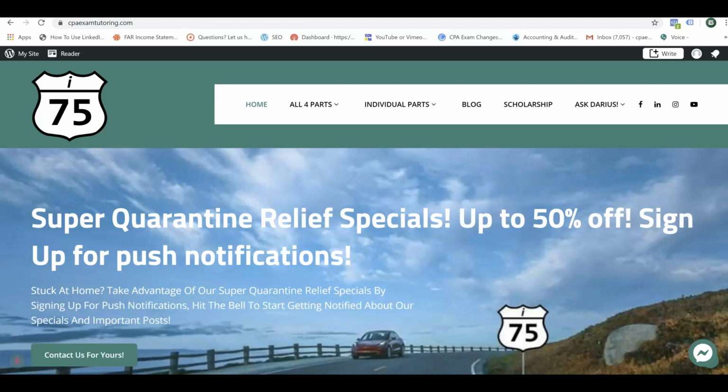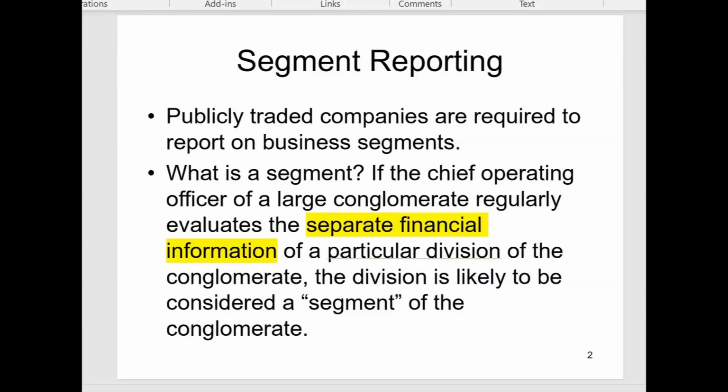Now let's talk about segments. So this is all about publicly traded companies. Segment reporting is required for publicly traded companies. Why? Because when you have consolidation of various entities, all that intercompany stuff gets eliminated, and you never see it on the body of the financial statements, right?